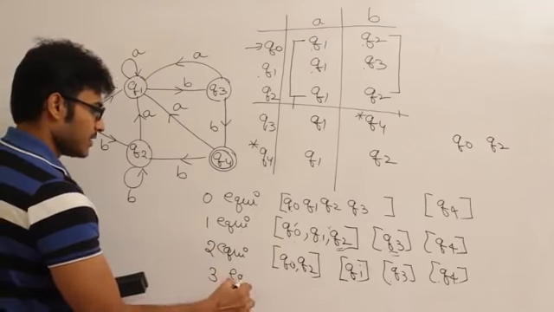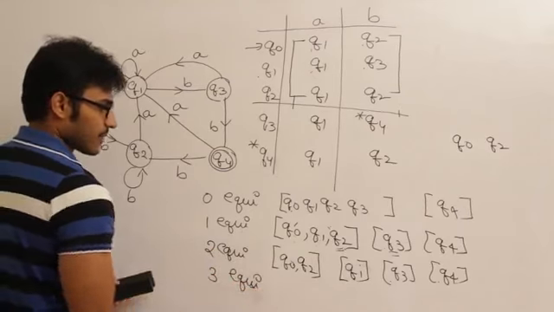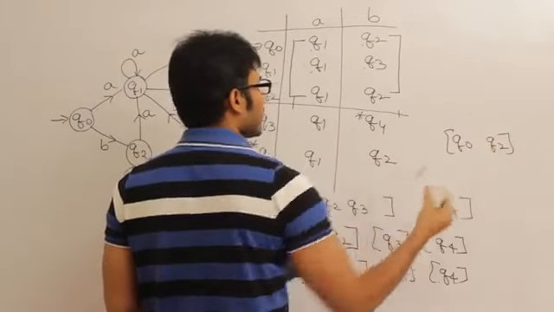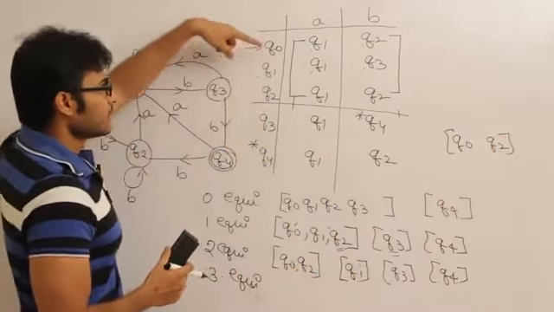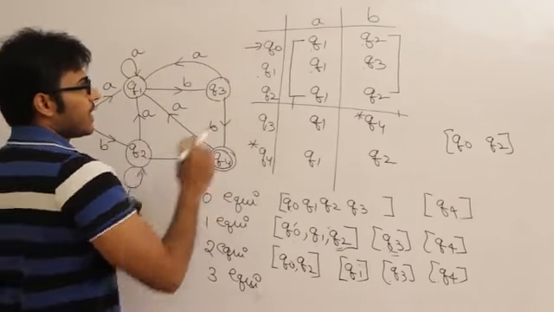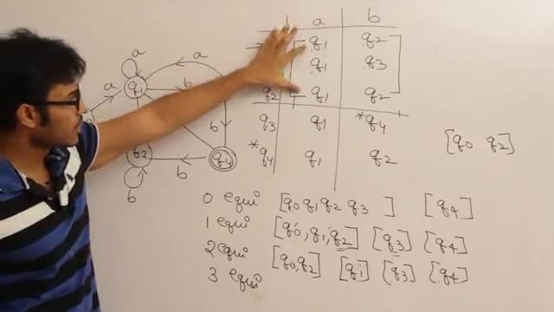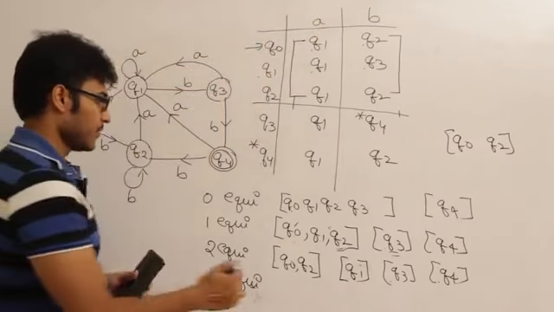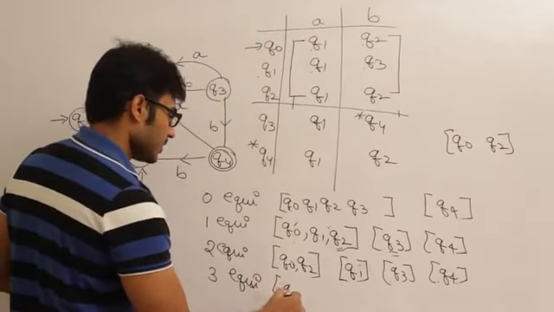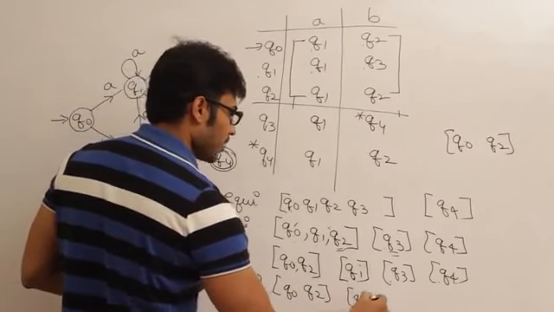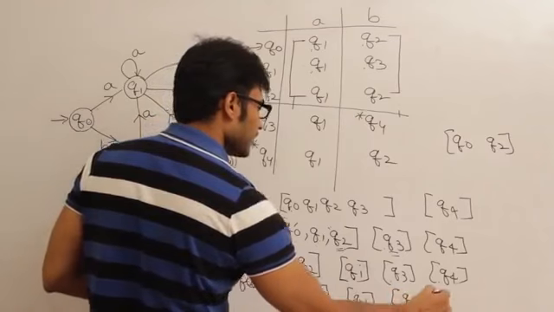Let us say 3 equivalent. In 3 equivalent, again I have to check Q0 and Q2 only. Again the same result will follow. Both Q0 and Q2 are going to Q1 and Q2 only. Therefore, these 2 states cannot be separated, they are equivalent.